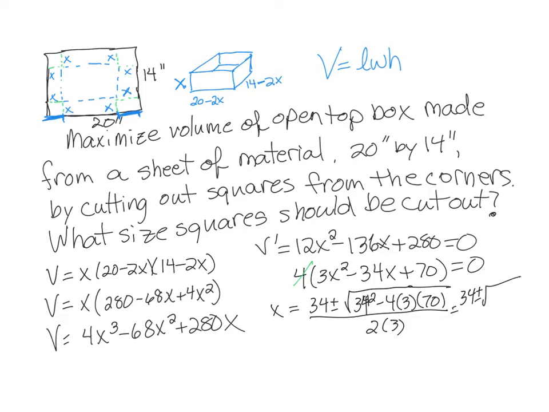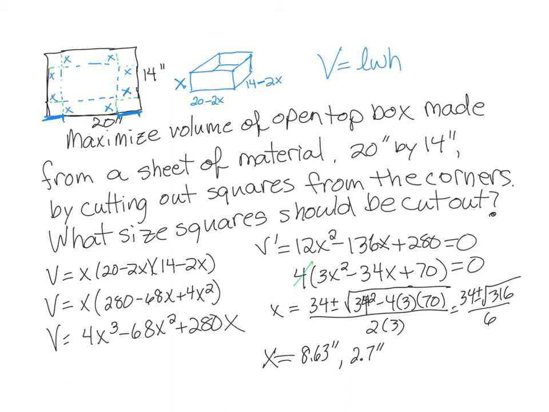I'm going to get the square root of 316 over 6. Now, when I plug that in my calculator and I chug out the answers, I'm going to get 8.63 inches. These are approximate. Or 2.7 something inches. Two answers. How do I figure out which answer is the right answer? Think about what you're doing. You had a piece of cardboard that was 20 by 14, and you cut out squares from the corners.